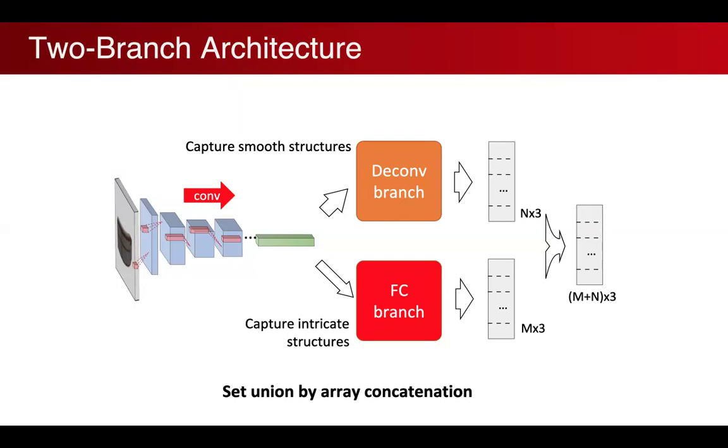The results of these two branches are agglomerated using a set union, and this is the result of this second part of the network.